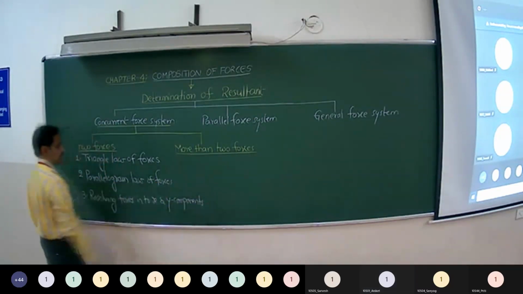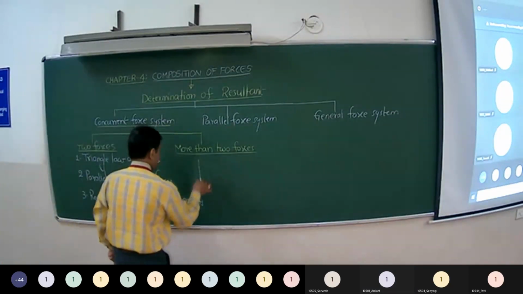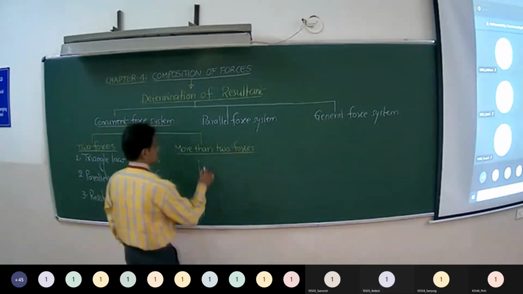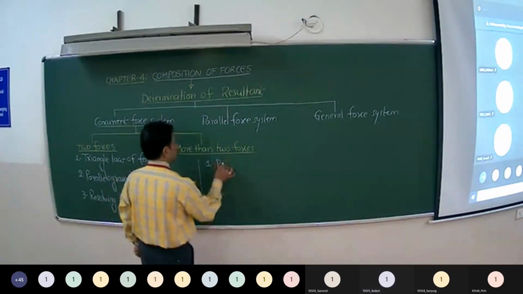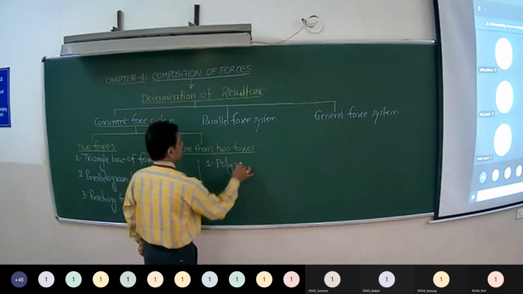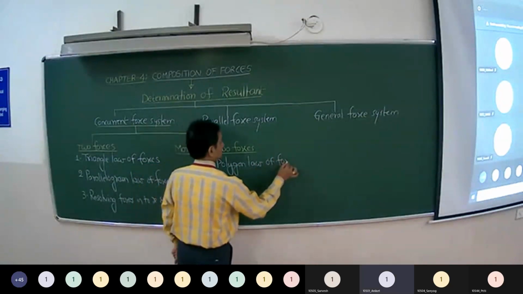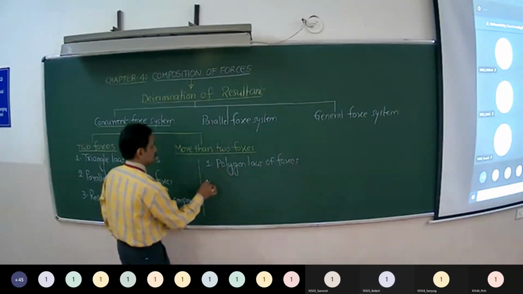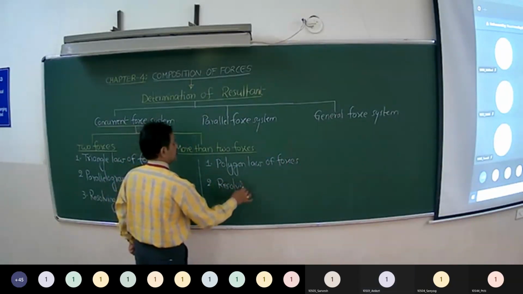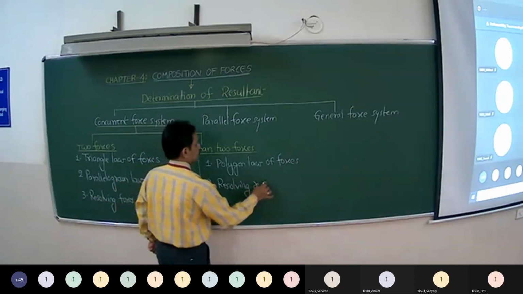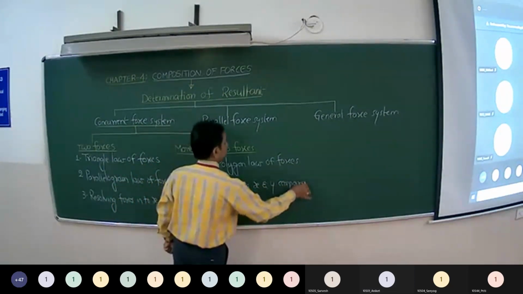When more than two concurrent forces are acting, we can find out the resultant either by using polygon law of forces or again by resolving each force into x and y components.